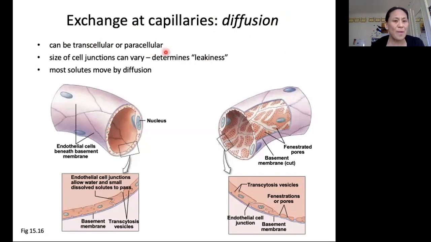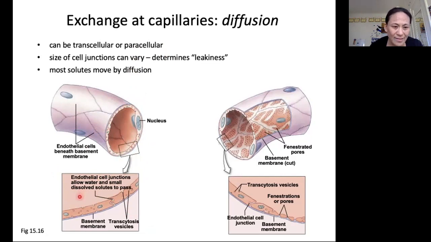So just to remind you what those terms mean, transcellular means that the molecule actually goes through the cells that make up the capillary wall, whereas paracellular means it goes in the spaces between those. So looking at this figure right here, we have a cross section through the capillary wall, right? So if you took a capillary and just cut it like this, you would get this. So this is the inside of the capillary, this is the outside of the capillary. We can cross, right? So we can diffuse transcellularly.